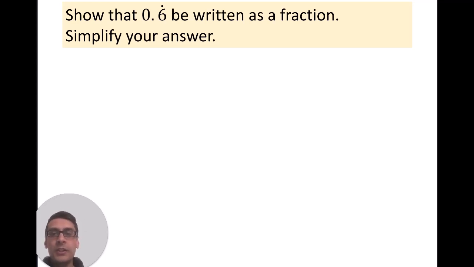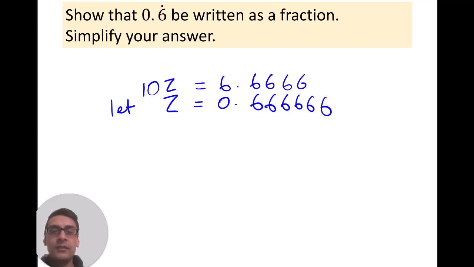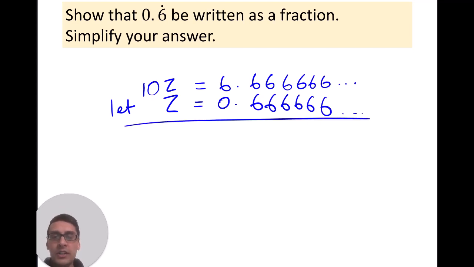So the first thing we want to do is pick a letter. So I'm just going to use z is equal to 0.6 recurring. So we can say let z equals 0.6 recurring. 10z is going to equal 6.6 recurring. And then we can do the subtraction.